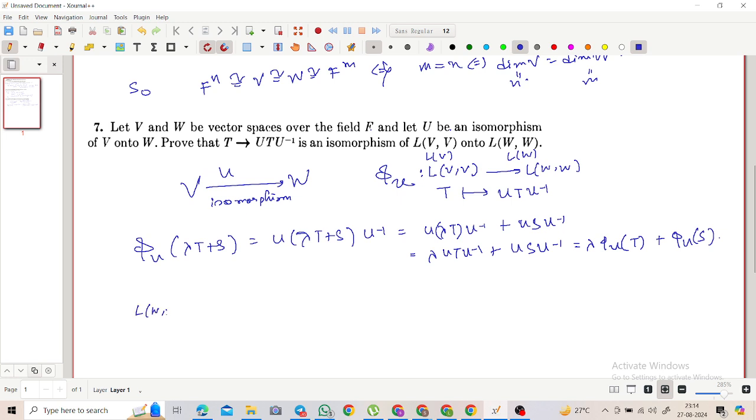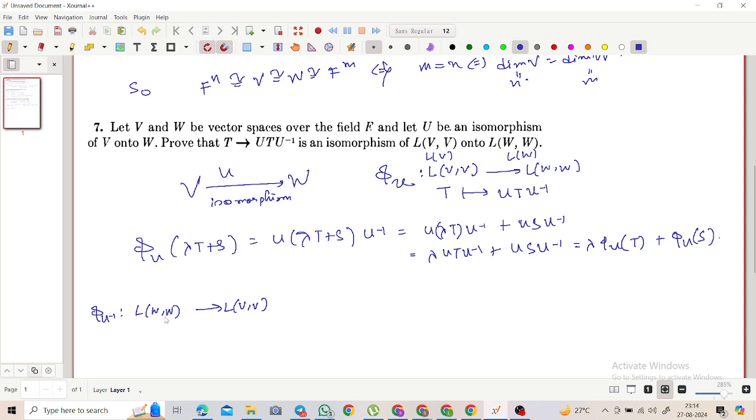Map from L(W) to L(V). So U inverse is from W to V, right? So let's define the map for U inverse. And what do you get?